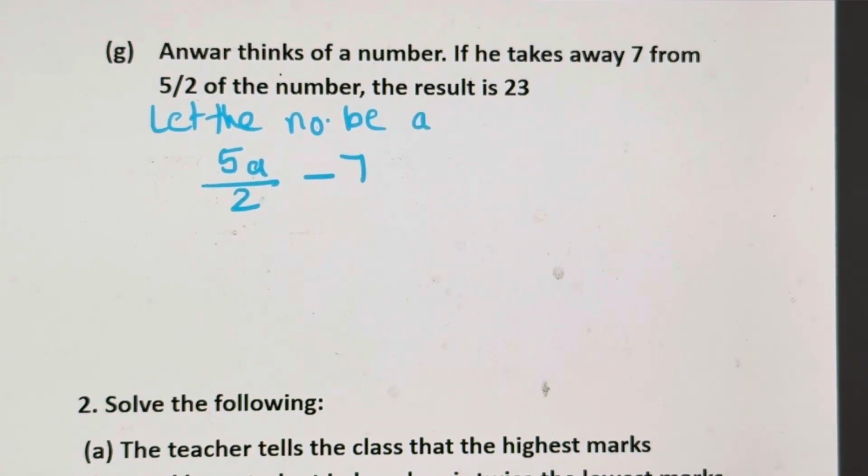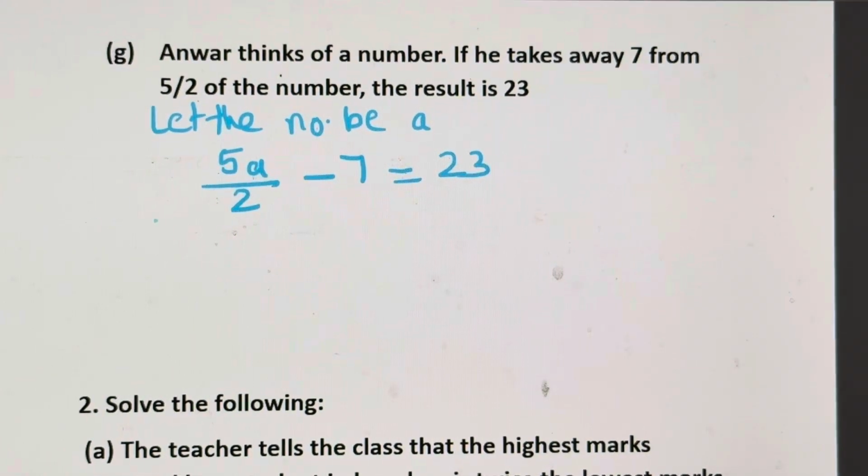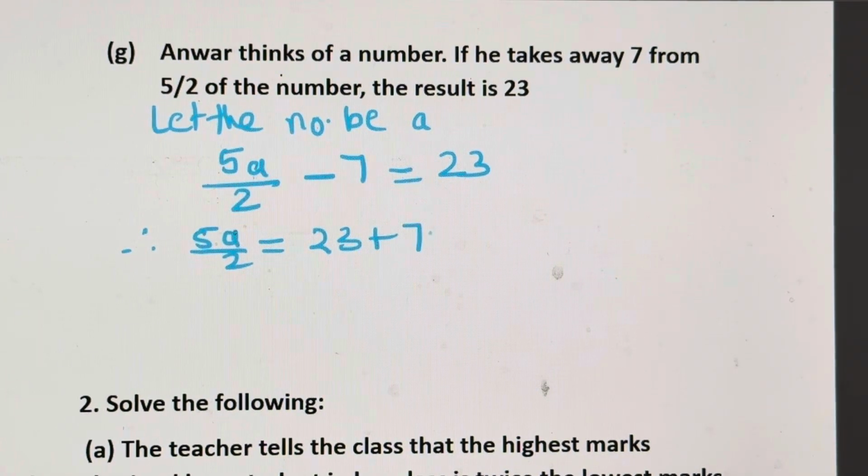Again, take care, don't write 7 first. The result is 23. Now what do we do? We first write 5A upon 2 as it is, and we transpose 7. So minus 7 becomes plus 7. We are bringing it on the right side. First always write the number which is there already, 23. I keep repeating the same things again and again so that you take care. So 23 plus 7 is 30.